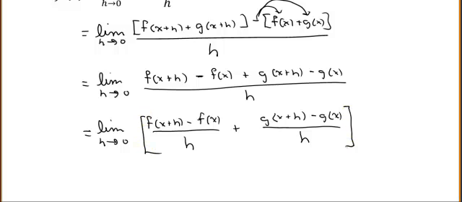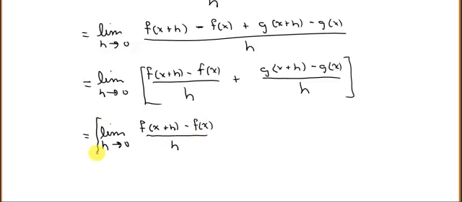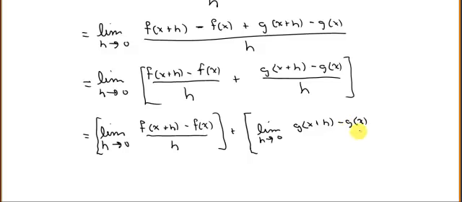And then remember from before, so we're taking the limit of this entire expression, remember from before that the limit of the sum of two things was the sum of the limits, so I could take the limit of this expression by itself and the limit of this expression by itself, and I'll get the limit as h approaches 0 of f of x plus h minus f of x all over h plus the limit as h approaches 0 of g of x plus h minus g of x all over h.